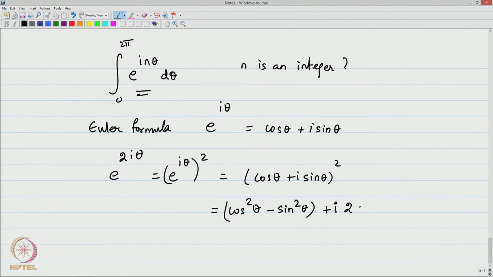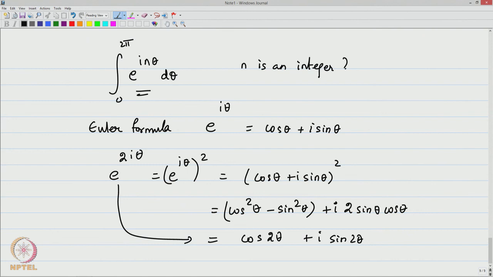So, you have 2 sin theta cos theta, and that you know is the double angle formula. It is cos 2 theta, and this is sin 2 theta. Okay. So, that is also very easy to see, because that is nothing other than e to the 2 i theta.